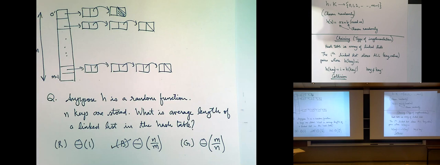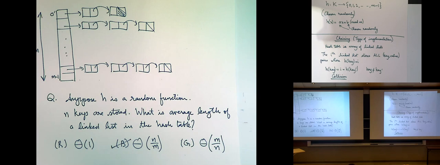On average, each of the bins should have n over m. Ideally, you'd like all of them to have about n over m, and that's what a random function should do. It should spread everything evenly. Your hash function takes an object and throws it randomly at one of the bins, and it just keeps doing that. So you expect the bins to be roughly equal.